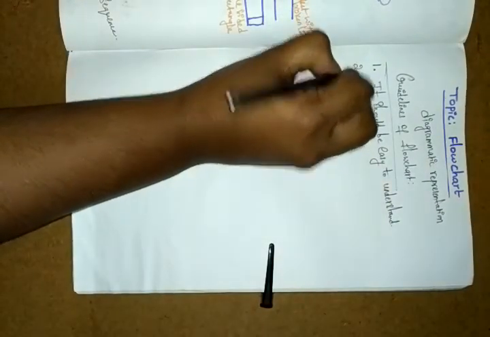Next, the second one: it should contain both logical start and stop.